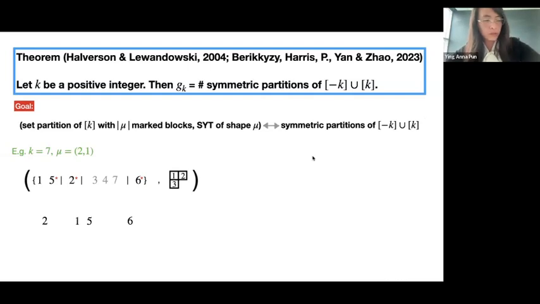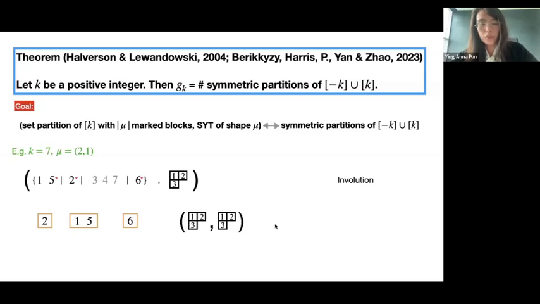So I know that my time is almost done, but let me just finish this proof and very quickly show you all the identities. So what you do is that you look at the marked blocks and then order them according to the marks. And then you double your standard Young tableau that we know is going to give you an involution by the RSK.